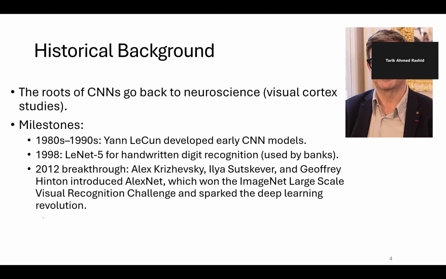In 1998, LeNet-5 for handwritten digit recognition was used by banks. And then in 2012, Alex Krizhevsky, Ilya Sutskever, and Geoffrey Hinton coined AlexNet, which won the ImageNet large-scale visual recognition challenge and sparked the deep learning revolution.